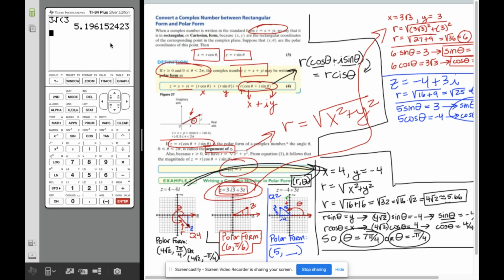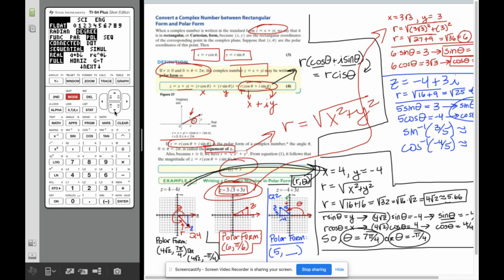So if I do the inverse sine of 3/5, and if I do the inverse cosine of -4/5, I should be able to locate the angle in the second quadrant. Let me make sure I'm in the correct mode. Let's go to radians. All right. So I'll do second sine of 3/5.